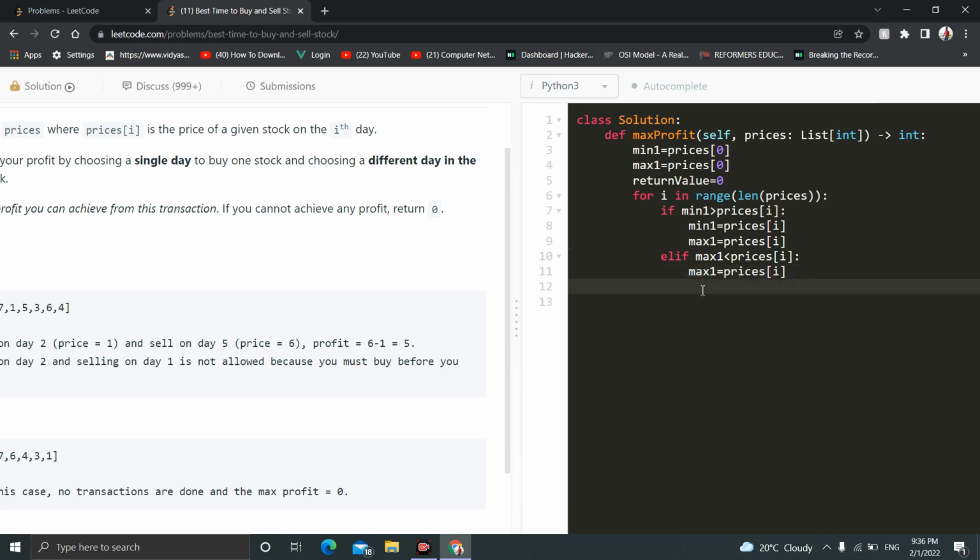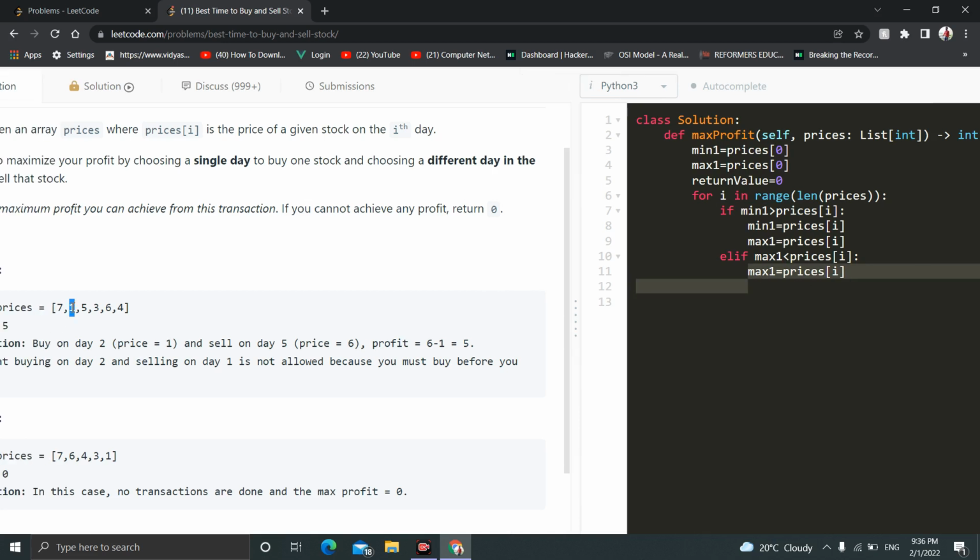As you can see, for 1, I buy, and at 5, or I can say at the third, I can sell. So the max profit I can earn is 4. Assume instead of 5 we have a 10, then the maximum profit which I can get is 9.